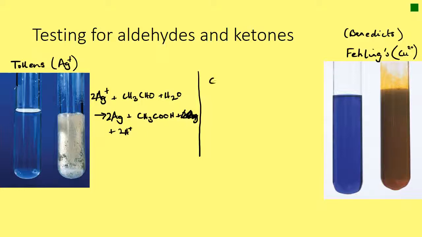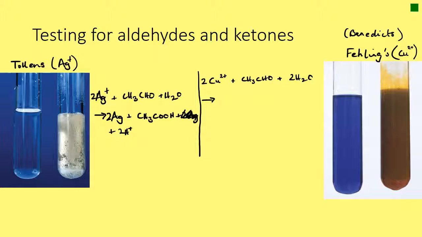So let's write our copper 2+ up here, and we're going to react that with our aldehyde again. Let's use the same aldehyde, acetaldehyde, and balance it as we go along. We're going to need 2 water molecules as well, and we've got copper 2+, which is blue.